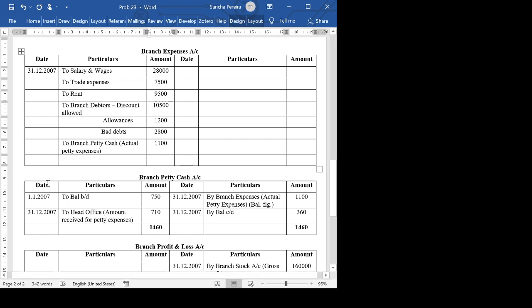And now we can transfer this entire total to the branch expenses account, which is the total of 60,600.